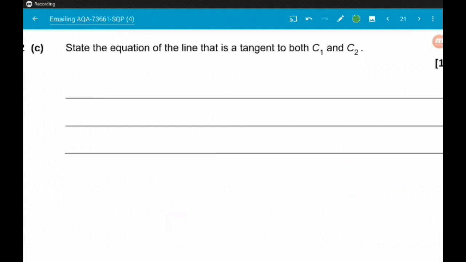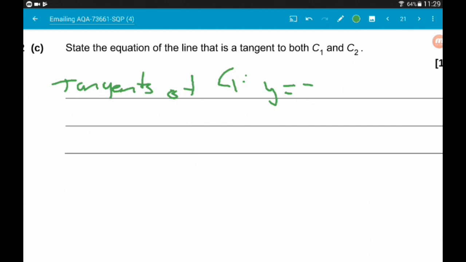Okay, and then the final part asks us to state the equation of the line that is a tangent to C1 and C2. So we know tangents of C1 are y equals minus 3 and y equals 1. Now remember, C1 is y equals f of x.